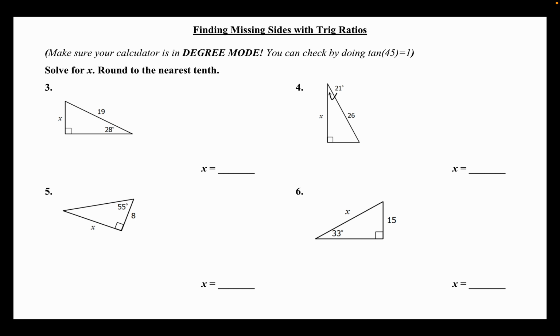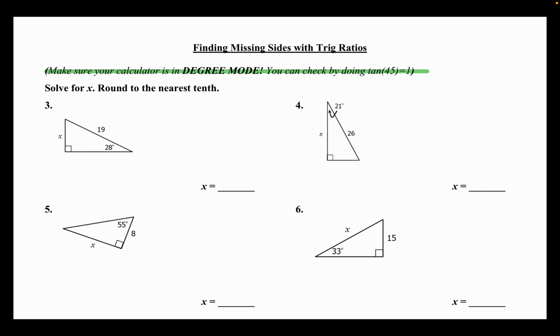So, finding missing sides with trig ratios, make sure your calculator, again, is in degree mode, like I pointed out at the top of our notes. So now we're going to be using trig to solve for x. So at the top of my page, I'm just going to rewrite SOHCAHTOA.